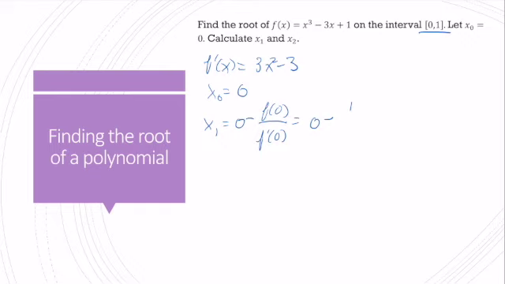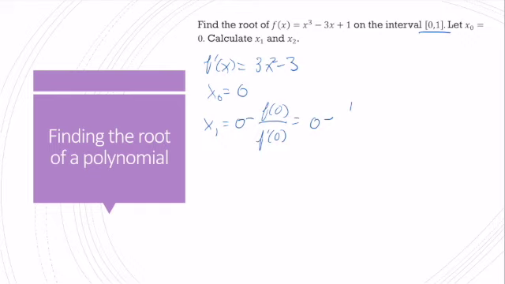Well, two negatives make a positive, so I have positive 1/3. Now x sub 2 is going to be 1/3 minus f of 1/3 over f prime of 1/3. That equals 1/3 minus negative 1 over negative 2.5. So I have 1/3 plus 2/7, which equals 7/21 plus 6/21, which equals 13/21.